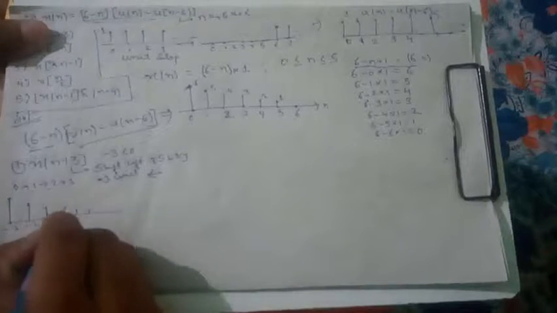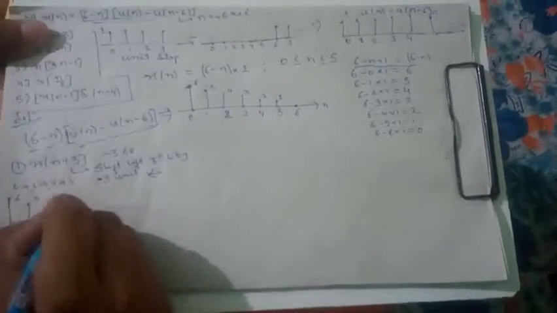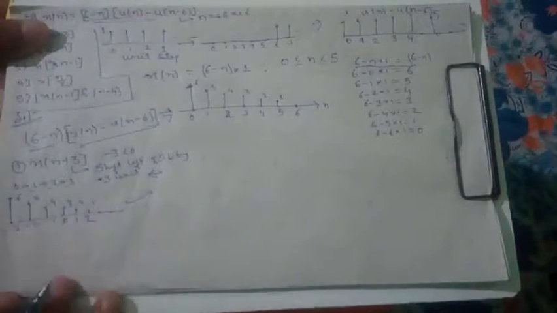Then 6, 5, 4, 3, 2, 1, 0, 1, 2. This is our answer for this question. Now the amplitudes are 6, 5, 4, 3, 2, 1. And here nothing is there, it is 0. So this is our answer.